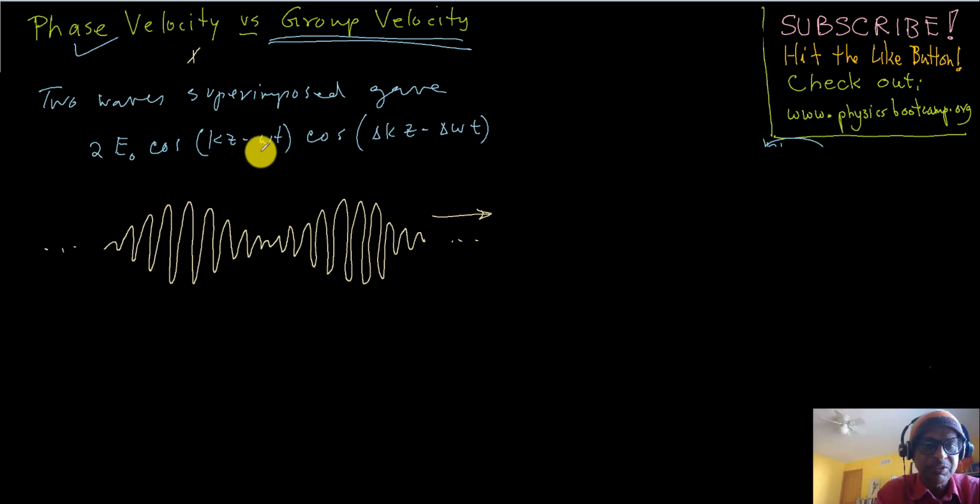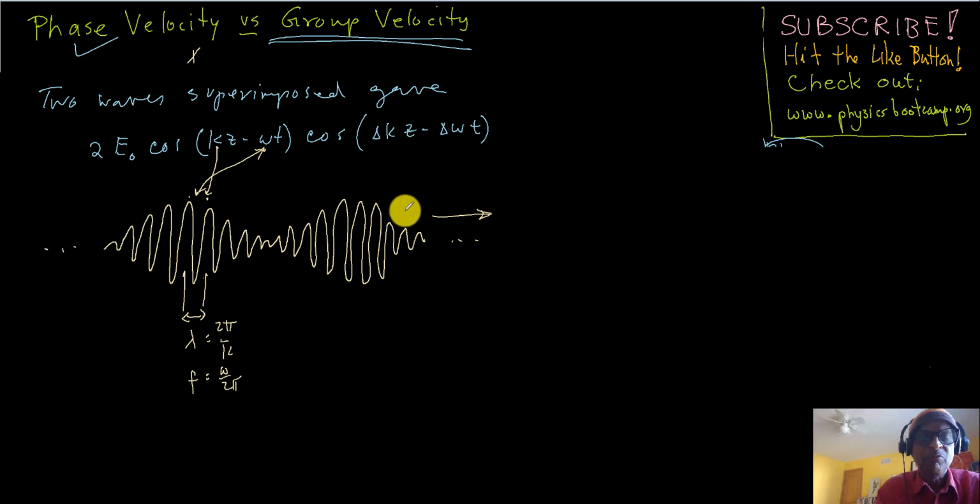If you look from here to here, that is the wavelength of this wave: lambda is 2 pi over k, and the frequency is omega over 2 pi. However, this will reach that point based on this envelope.